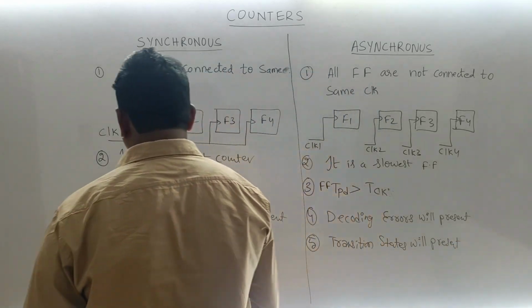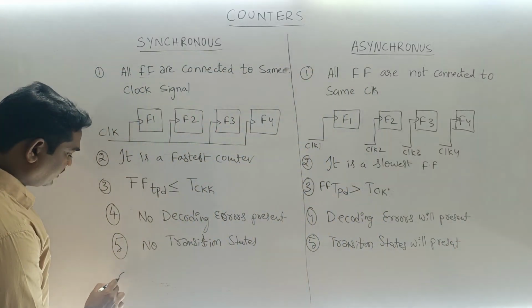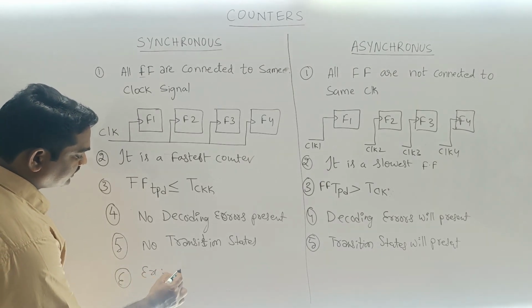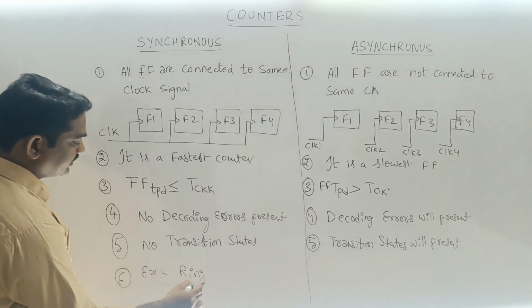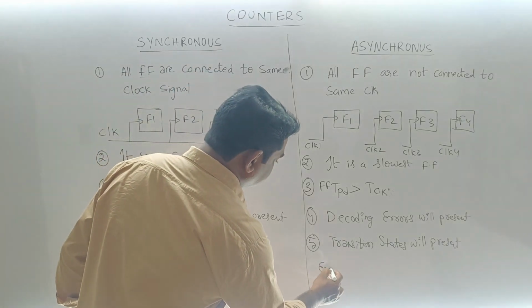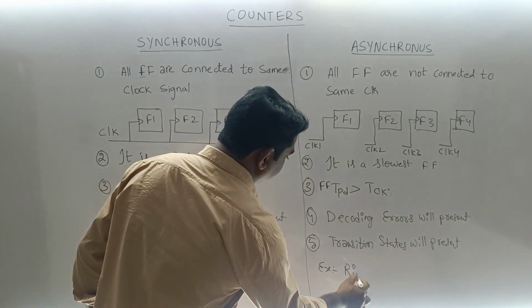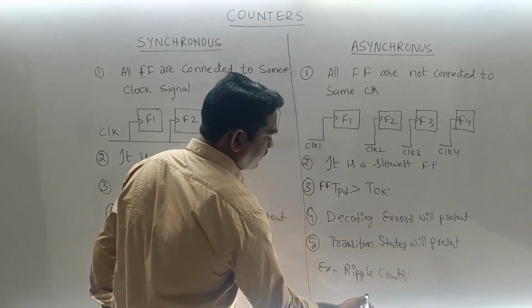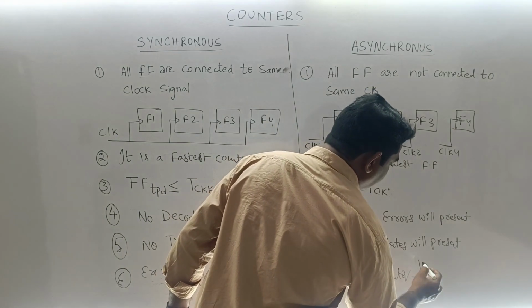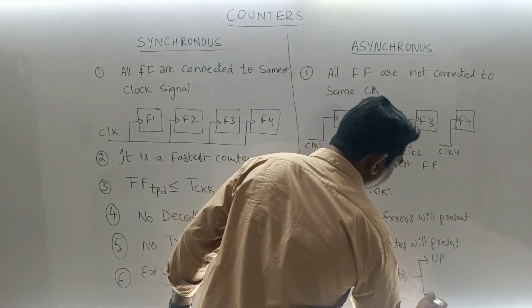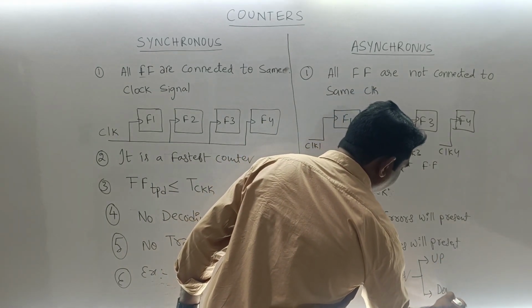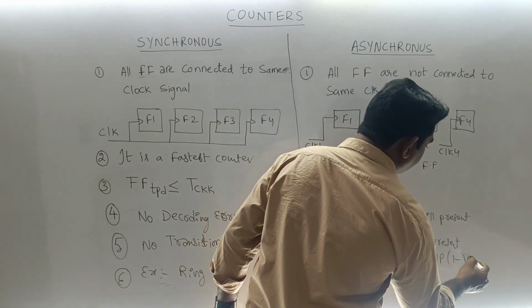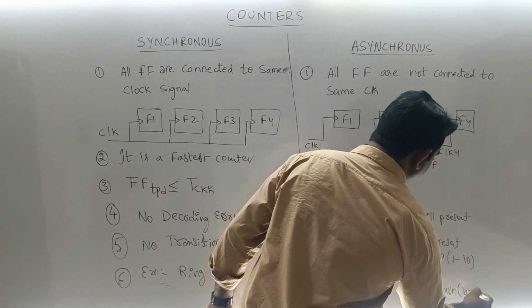And now the sixth point, examples. For synchronous, this is a ring counter, and the example for asynchronous is the ripple counter. In the ripple counter we will find up counter and also down counter. Here the up counter will count from 1 to 10, and the down counter will count from 10 to 1.